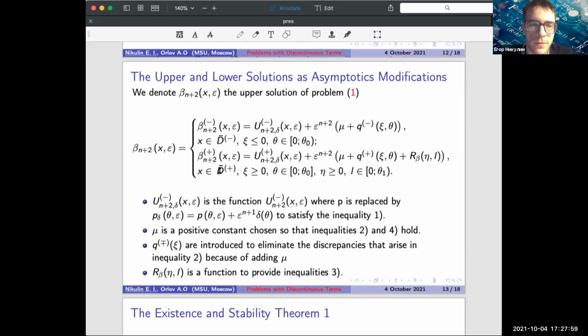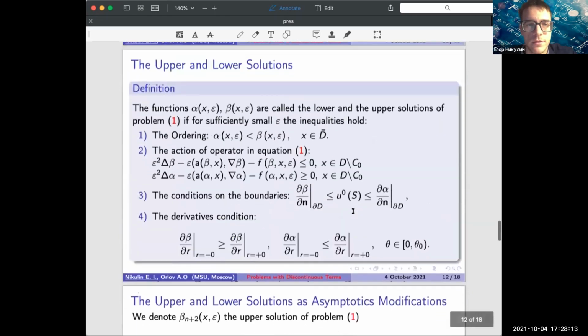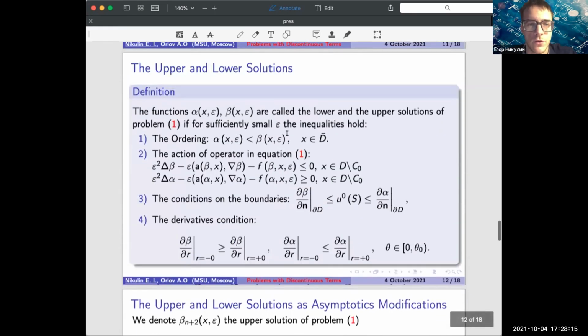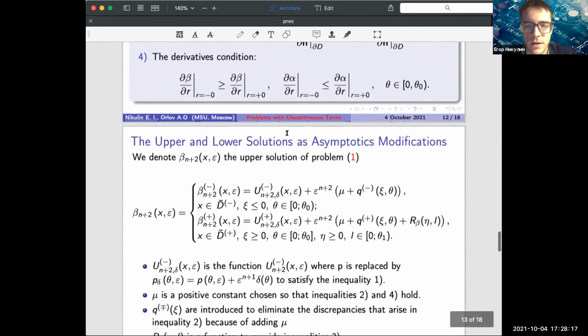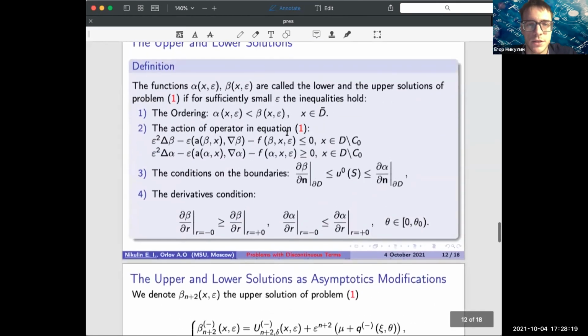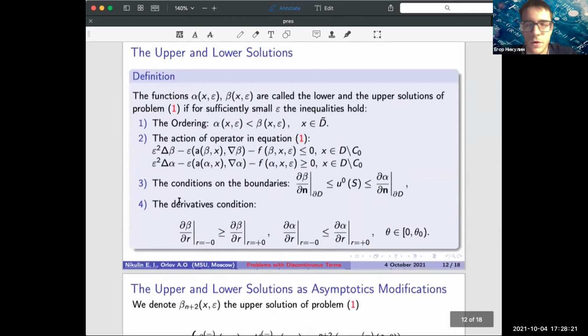Here, u n plus 2 delta is the function u n plus 2, where p is replaced by p delta, to satisfy inequality 1, this inequality of ordering, and to satisfy inequality 4, the derivatives condition.